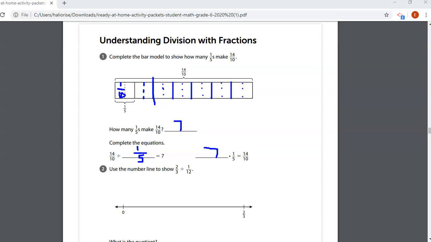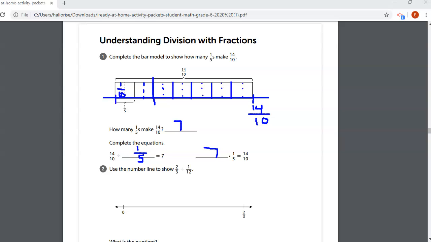Now when we go to the next one and they ask you to use a number line, it's almost like doing a bar model. You can pretend that this is a number line, and on the bottom part, this would be 14/10, just like down here it says 2/3, that's your whole that you're dividing into parts.